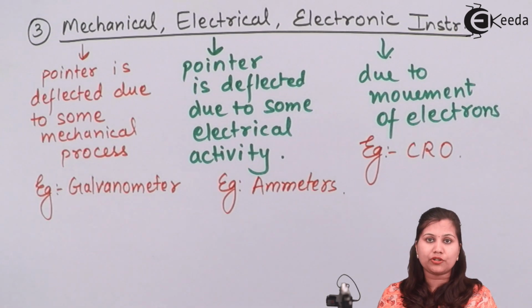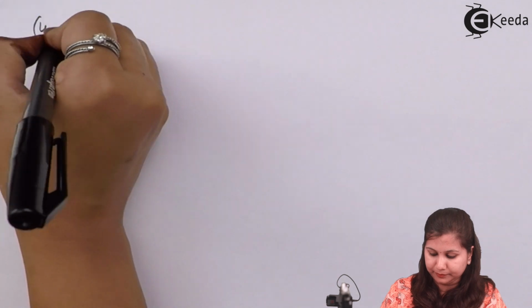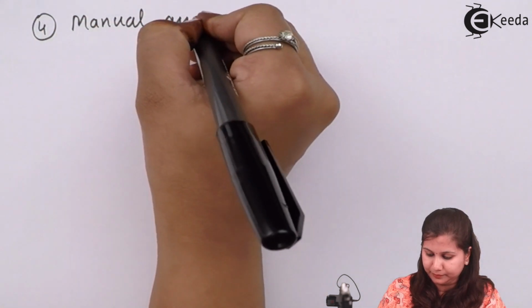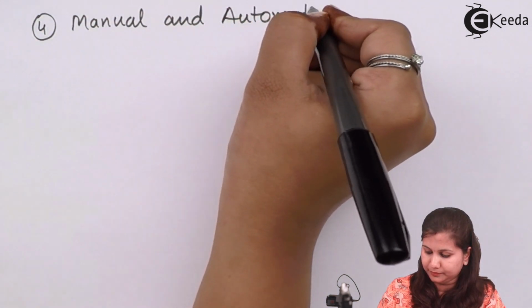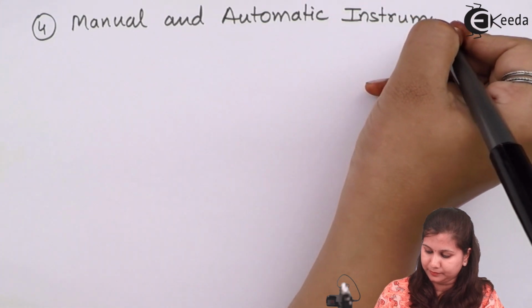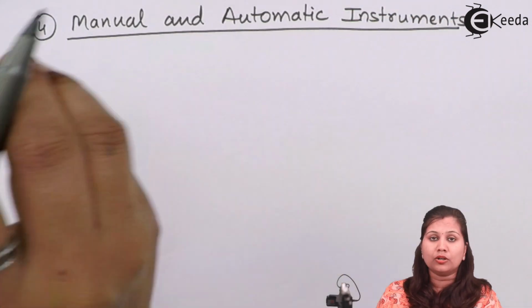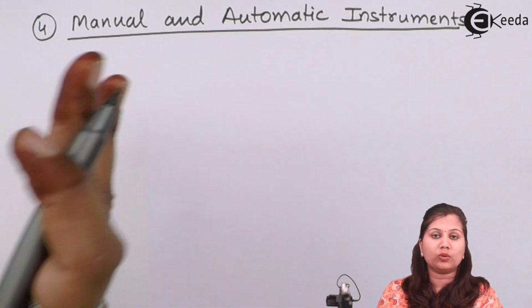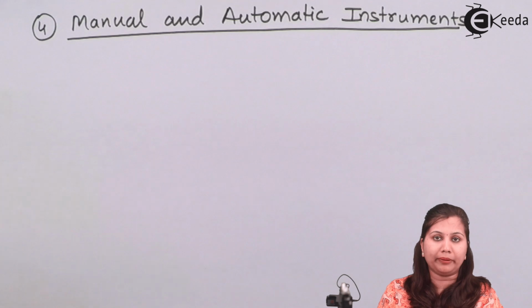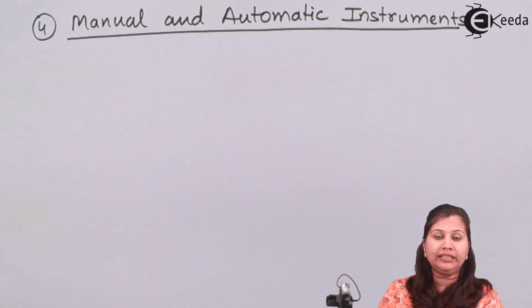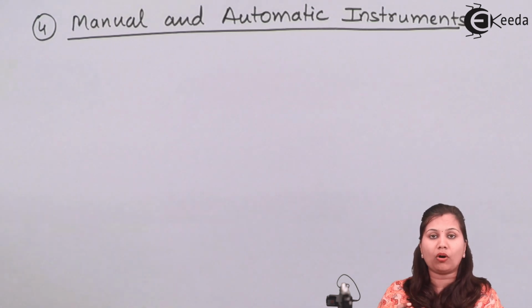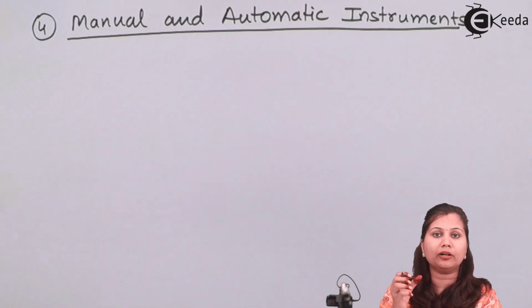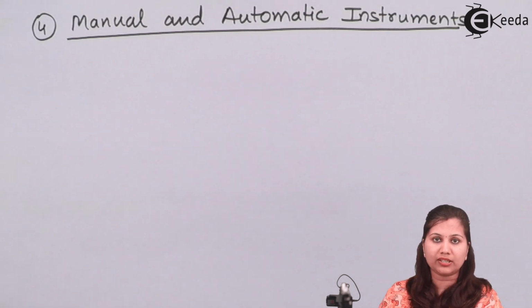The next classification of instruments is manual and automatic instruments. As the name suggests, manual instruments are those which are manually operated, meaning we need an observer, and that observer is going to keep a record of the readings of the instrument.